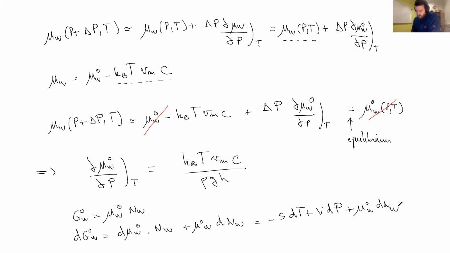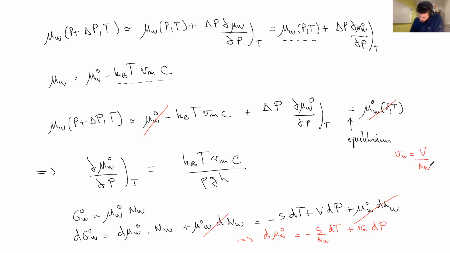Okay, that's the standard differential of the free enthalpy. And so you can see that you recover the Gibbs-Duhem relation by saying that d mu water pure is equal to minus S, so it's the molecular entropy, dT plus the molecular volume that I already introduced, dP, because the molecular volume is the total volume of water divided by the number of water molecules.